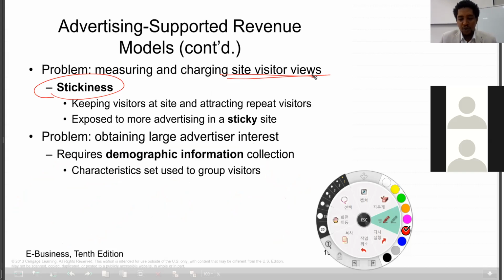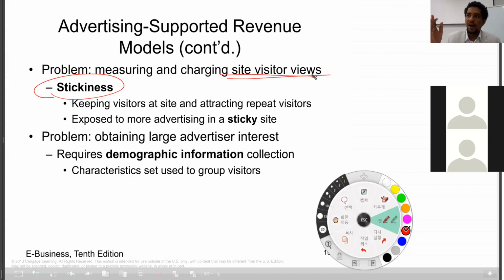And the other thing, one big problem, is measuring and charging site visitors, as we have said. For example, in YouTube, the way they calculate the money to charge their customers, the companies that advertise their products, is very complicated. Let's say I have opened a video and I skipped the advertisement, okay?